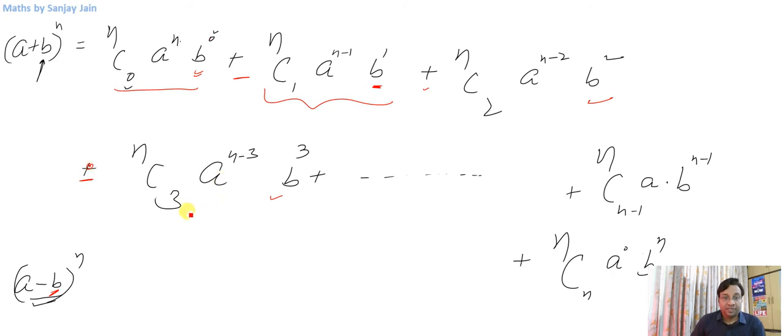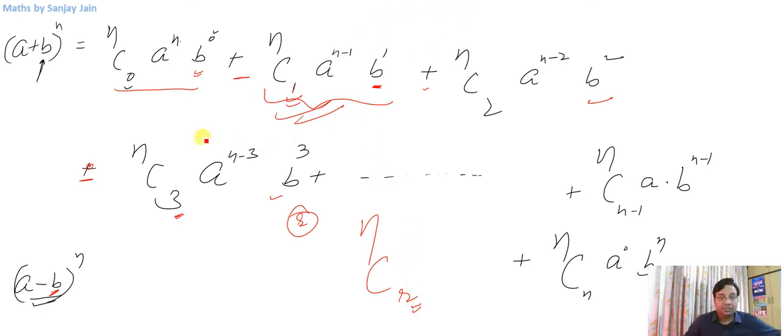Now what is happening is, when I have got nC3, nC1, when r is odd, right? This term is the second term, but r is 1, r is 3. When I say r, I am referring to this expression, nCr. This is r.